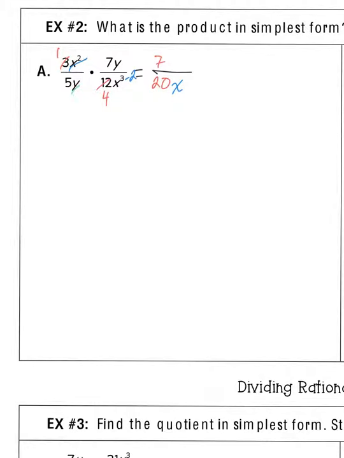And then my y's cancel 1 for 1. All I have to add now are my restrictions. If you look at your original denominators, I've got a y and an x. This is a monomial, this is a monomial. Remember, anytime you have a monomial, whatever variables are down there cannot equal 0. So in this case, x cannot equal 0, and there's a y. Even though it canceled out, the y cannot equal 0. So this is your solution.